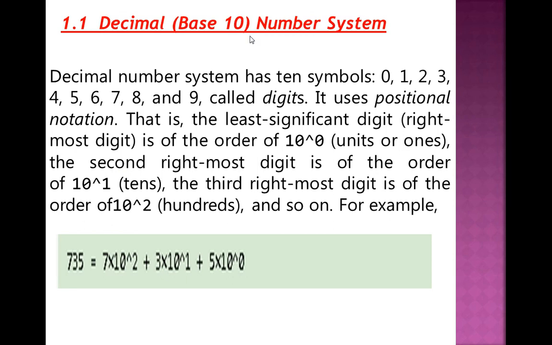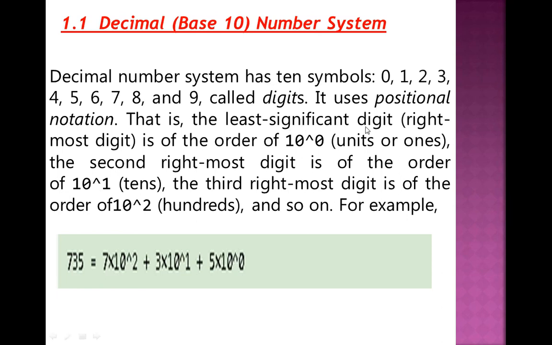The decimal number system has 10 numbers, from 0, 1, 2, 3, 4, 5, 6, 7, 8, 9, known as digits. It uses positional notation. Positional notation means every digit has a fixed position.